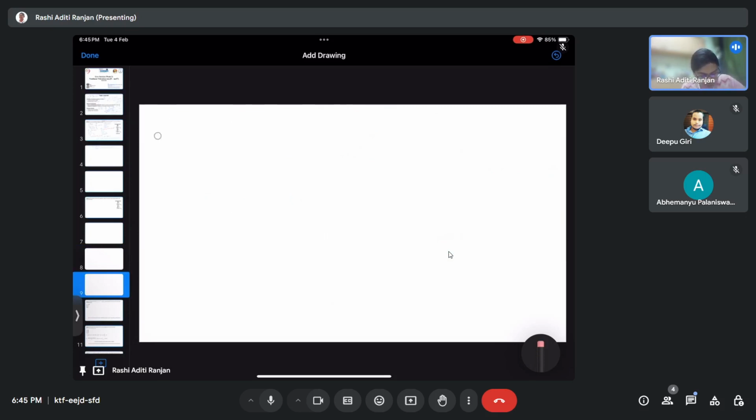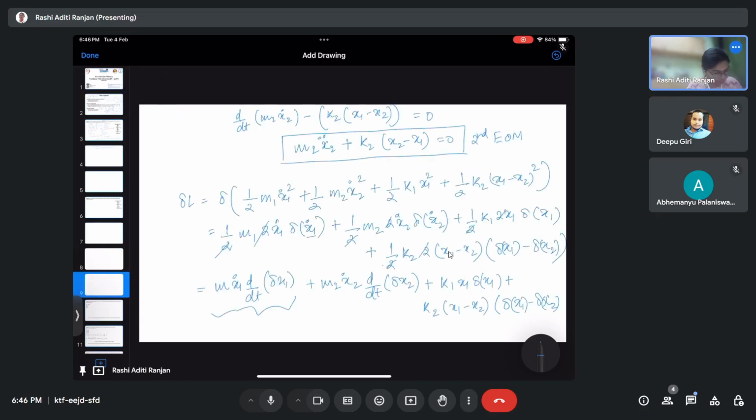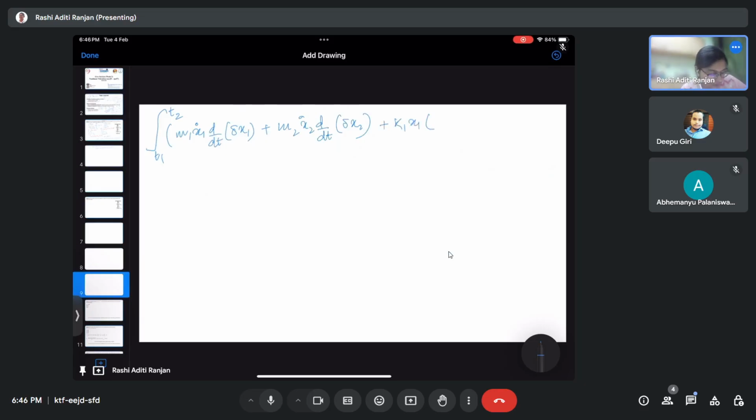So for the Hamilton's principle, I have integration from T1 to T2 of this equation, which is M1 x1 dot d by dt, M2, K1 x1, K2 (x1 minus x2) into dt equals to 0.